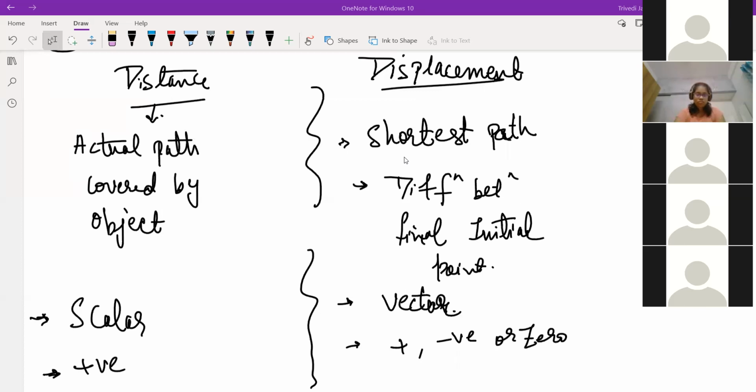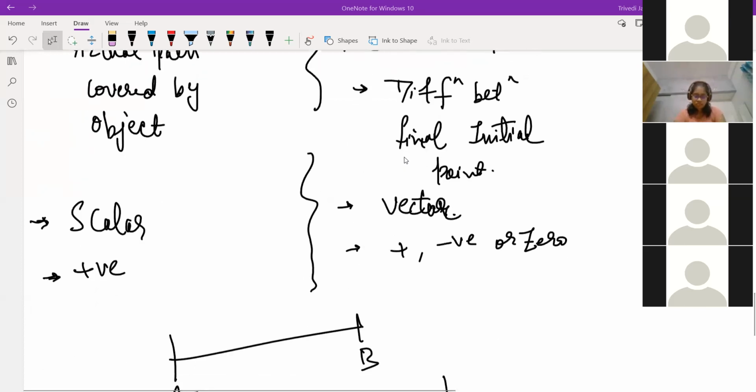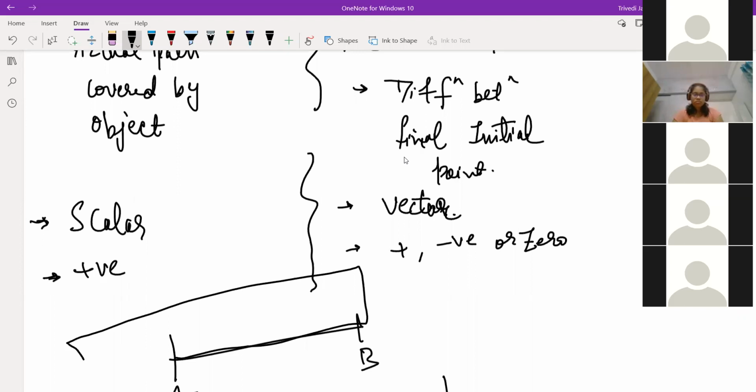Okay. Suppose I'm starting from here and I went to the C position, and this is the D position, and I stopped here. Will it be my negative displacement? Yes, sir. It will be negative because of the shortest path. But the displacement will be positive? How much actual path?